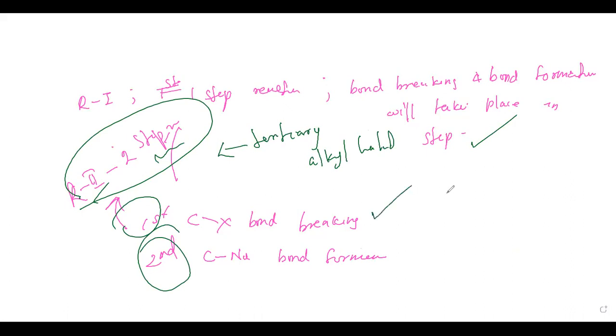The first step is your CX bond, the C-Cl, C-Br, or C-I bond, will break, and in the second step, the new C-nucleophile bond will form. So this is the major difference between reaction 1 and reaction 2. And you can also speak about the stability of the products. All were given here.